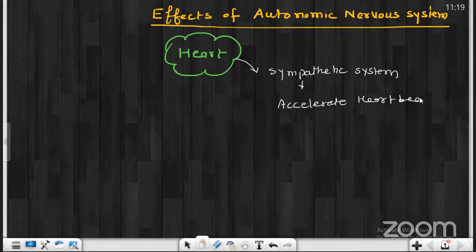The heartbeat will increase in case of sympathetic, and in case of parasympathetic, it will be decreased, retarded, reduced.